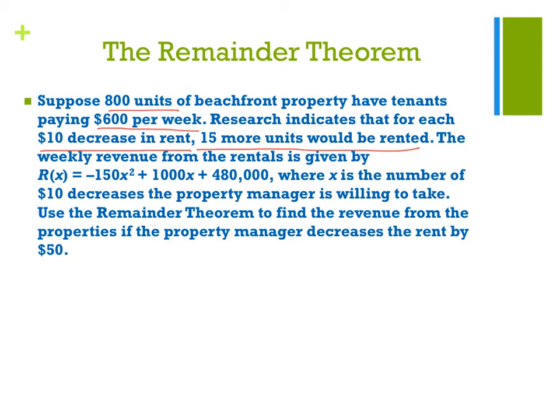The weekly revenue from the rentals is given by the function r of x, where x is the number of $10 decreases the property manager is willing to take. Use the remainder theorem to find the revenue from the properties if the property manager decreases the rent by $50.